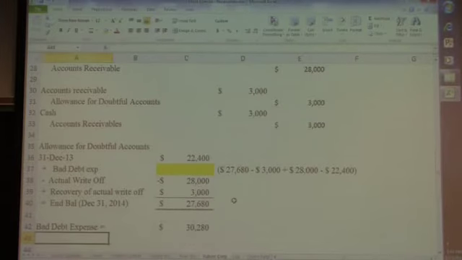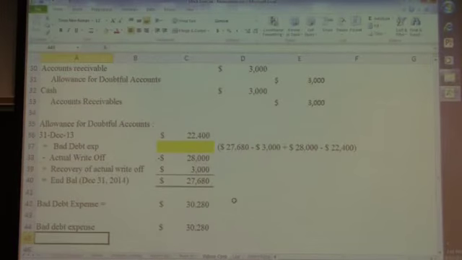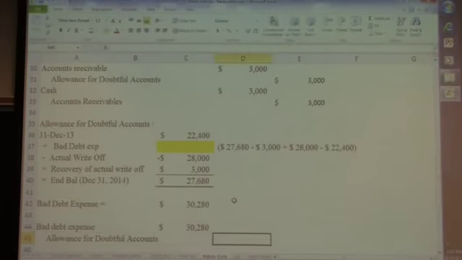So the entry to record this will now be debit the bad debt expense $32.80, and credit the allowance for doubtful accounts for $32.80.